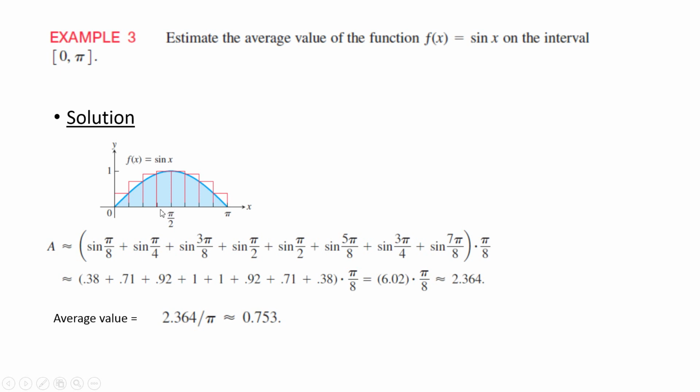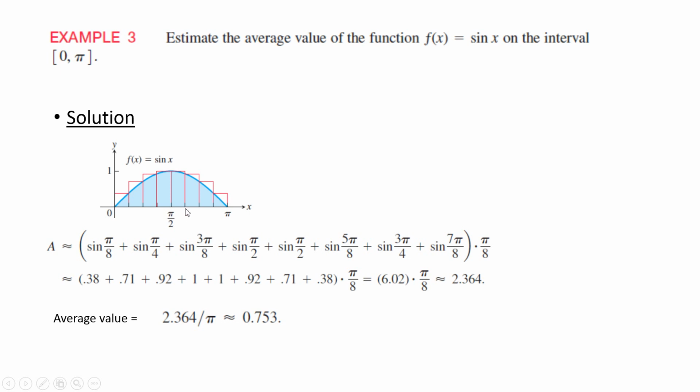So in the interval 3π/8 to π/2, the maximum height of the function is sin(π/2). Similarly, in the interval π/2 to 5π/8, again the maximum height is sin(π/2). So we will repeat sin(π/2). That is why these two values are repeated.